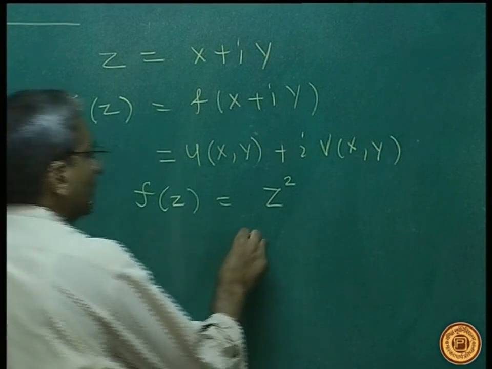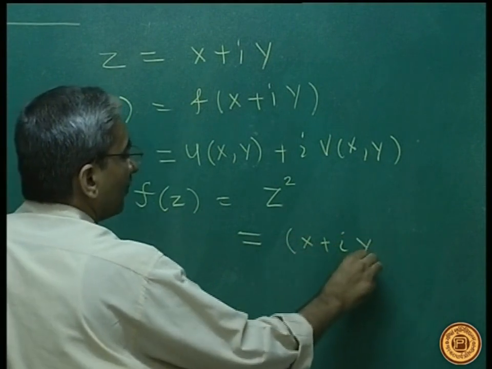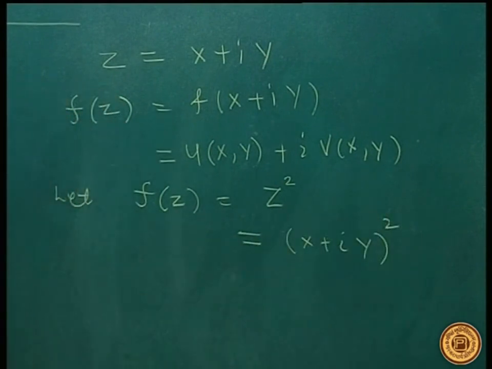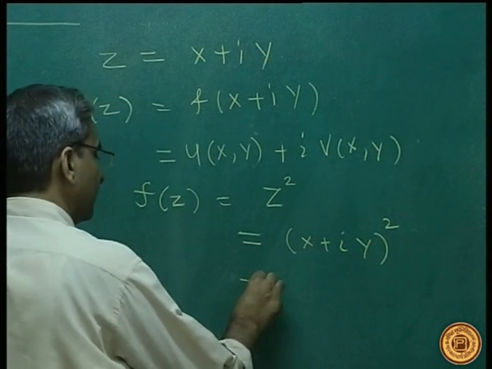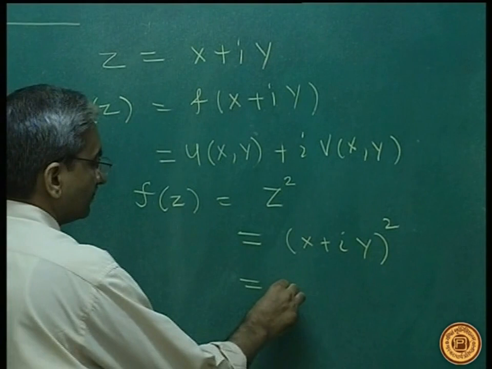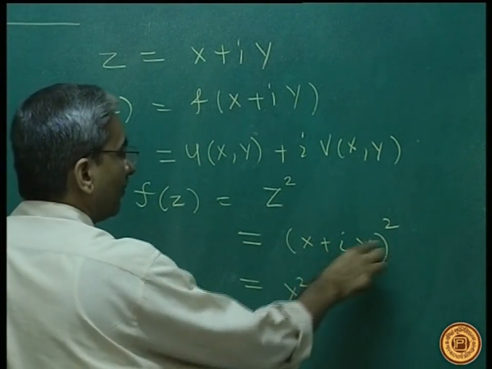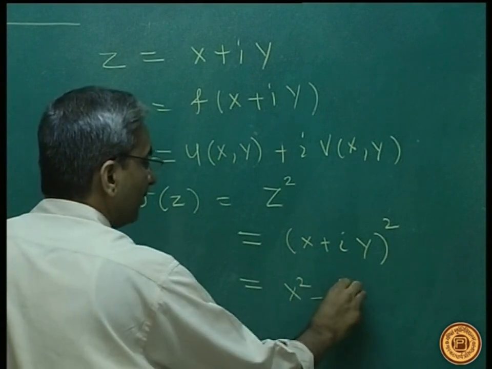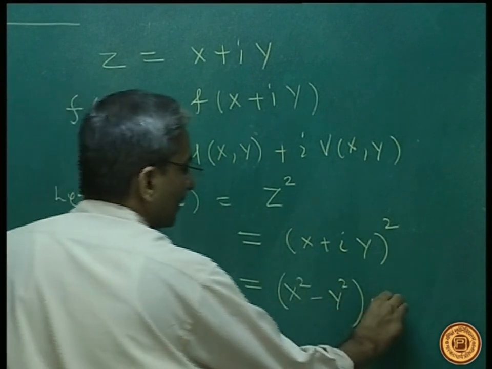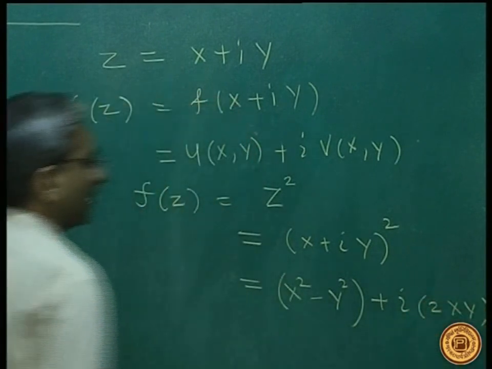Then this can be written as x plus iy whole square. Z is x plus iy. That is equal to x square, now the iy, so it is minus y square, plus i times 2xy.